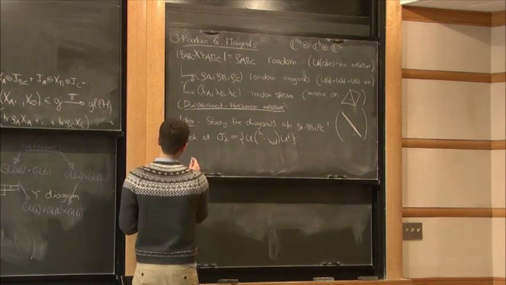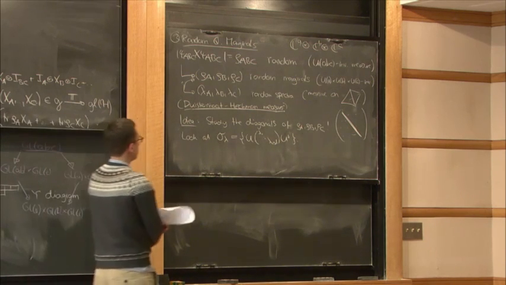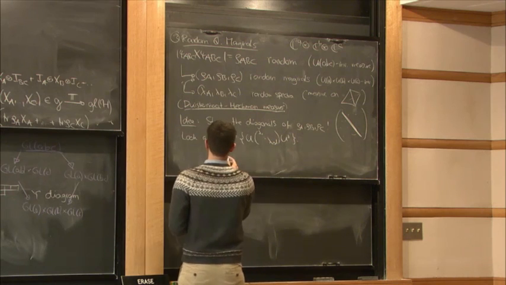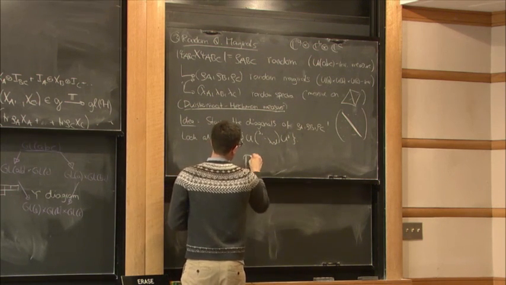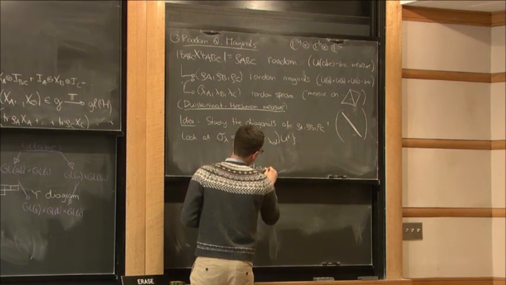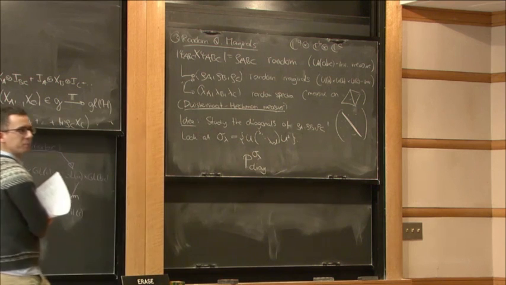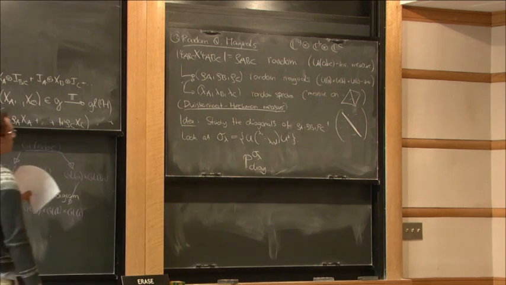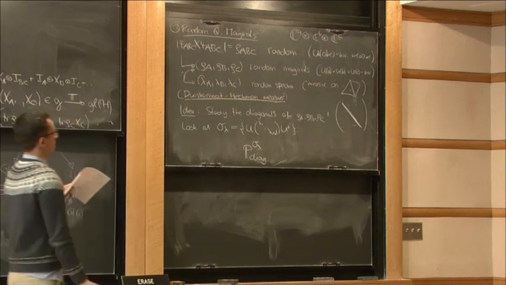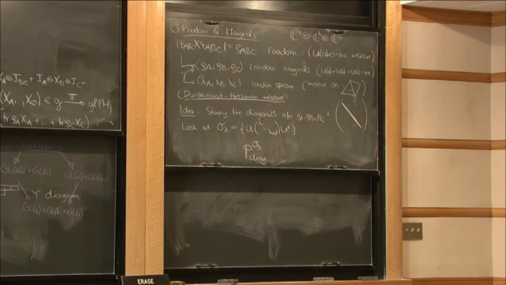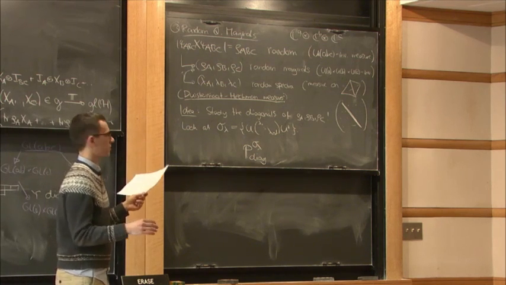There's an old result due to Harish-Chandra, which is an integral formula for the object I want to look at: the probability distribution of the diagonal entries for a random matrix with spectrum lambda. There's a famous formula for the Laplace transform, or the Fourier transform, of this measure on the set of diagonal matrices.